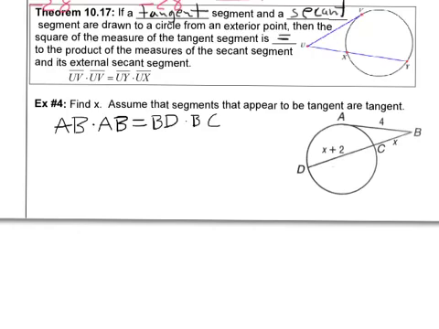Okay, so let's plug that in. We know that AB is 4, so we can plug that in. We know that BD is a little tricky because it's two things. It's x plus 2 here and x here. So we could write it as x plus 2 plus x. And then BC is just x.